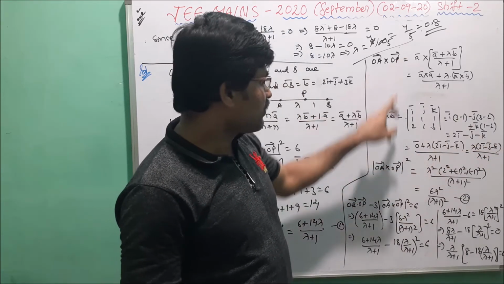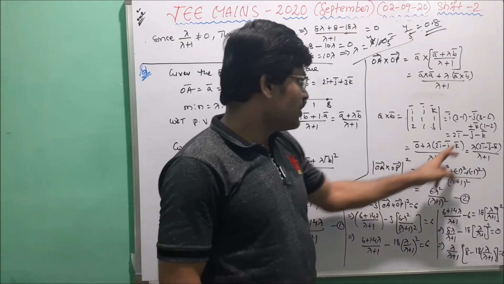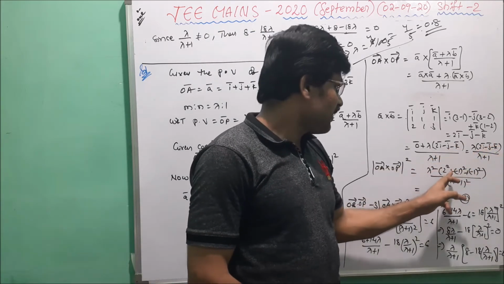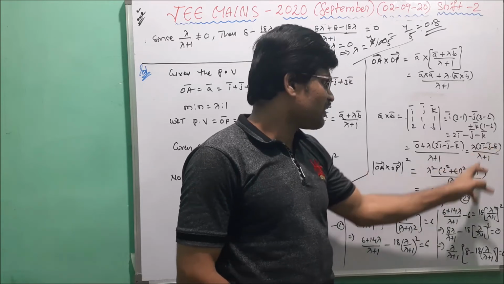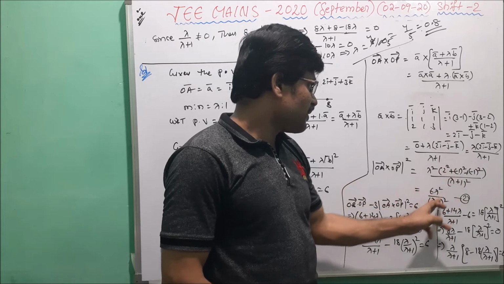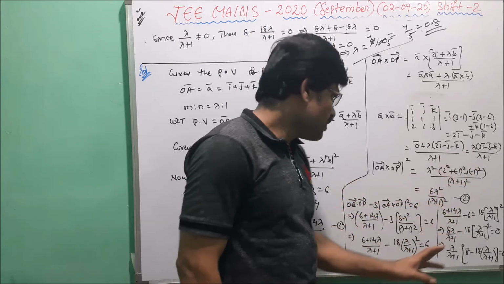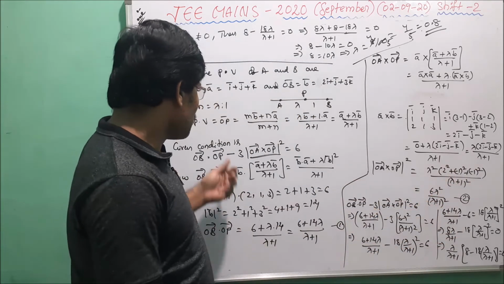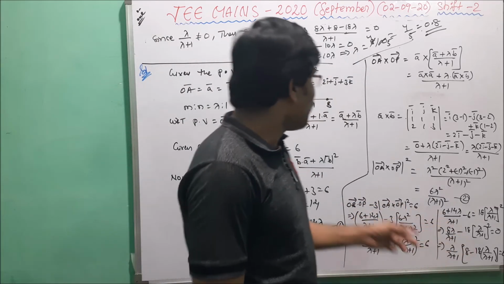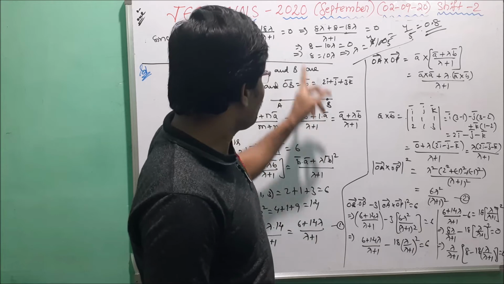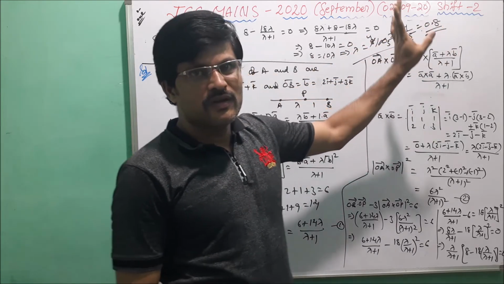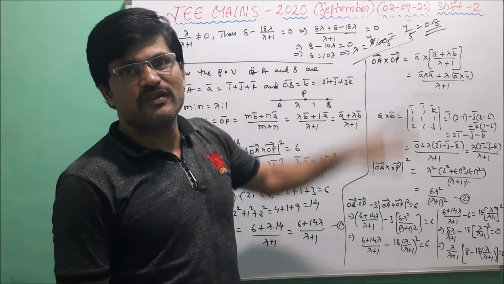Now we take modulus square, that equals lambda square into, now we take magnitude, that is 2 square plus minus 1 whole square plus minus 1 whole square by lambda plus 1 whole square. That is 6 lambda square by lambda plus 1 whole square, which is equation 2. Now using 1 and 2, substitute in the given condition. Then it can be simplified that the value of lambda is 4 by 5, that means 0.8. So this is the solution for this question.